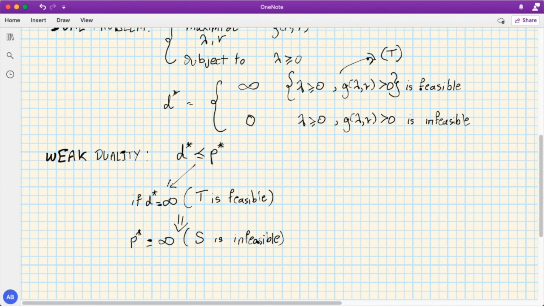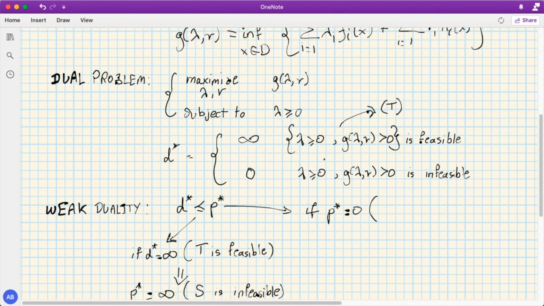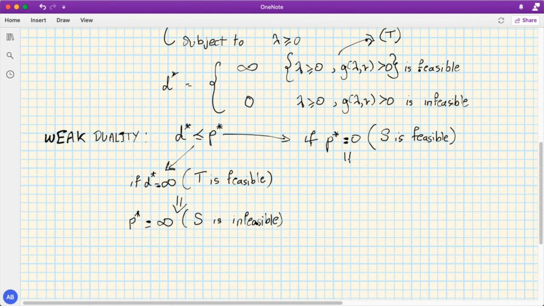Now, this is one case. The other case is when p star is 0. So if p star is 0, going back up, it means that S is feasible, right? Then d star has to be 0. It cannot be infinity, or else weak duality doesn't hold.